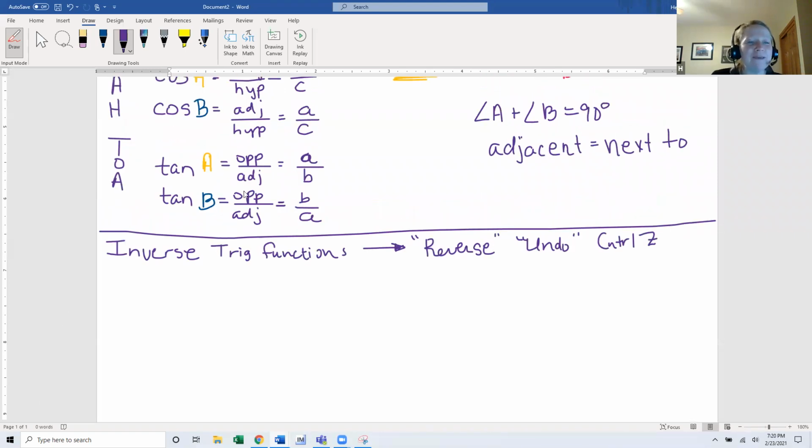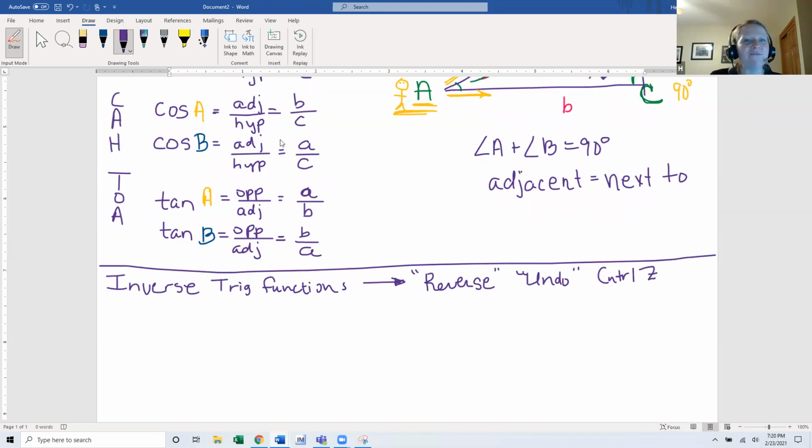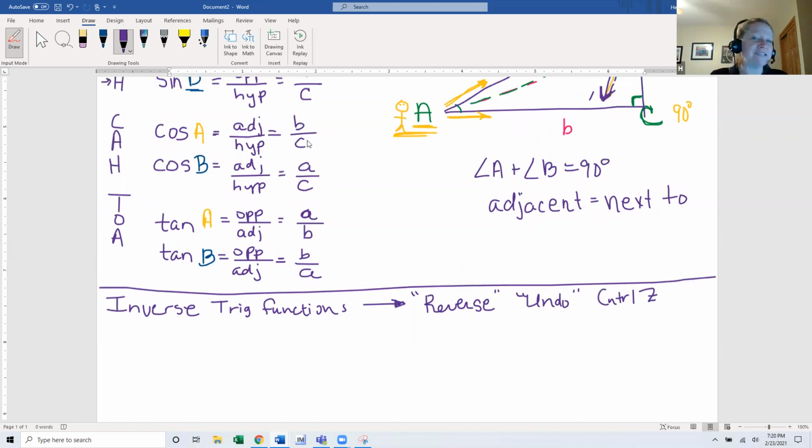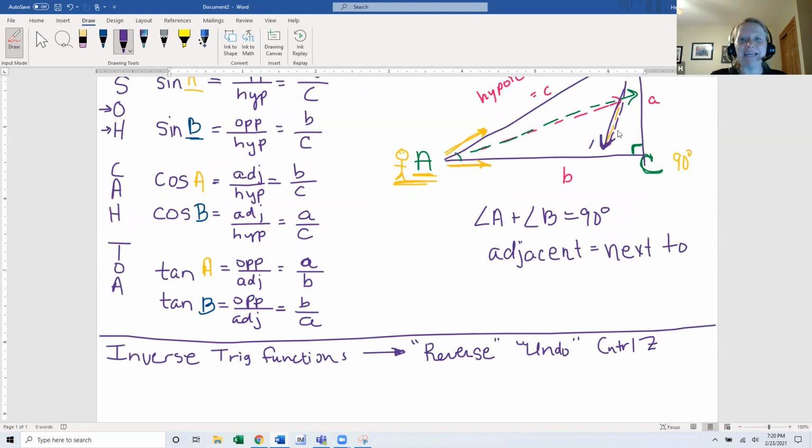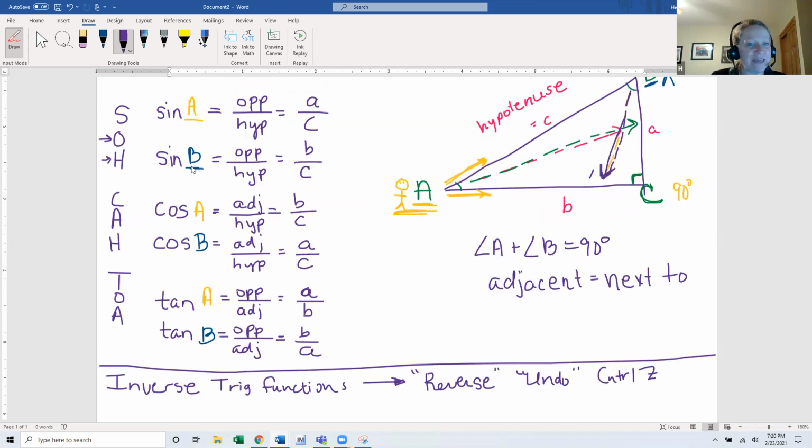So up here, typically if we're finding things like a side length of a triangle, which we'll do quite a lot, we won't need the inverse functions. But what if what we want to find is angle A or angle B?